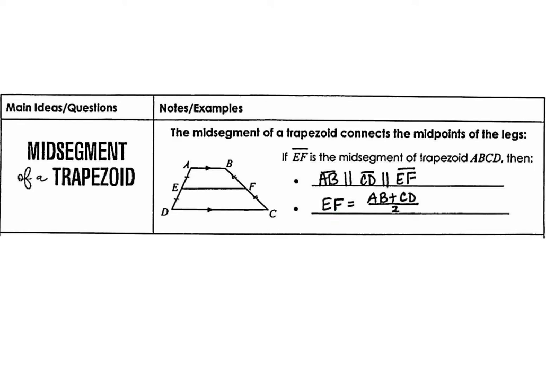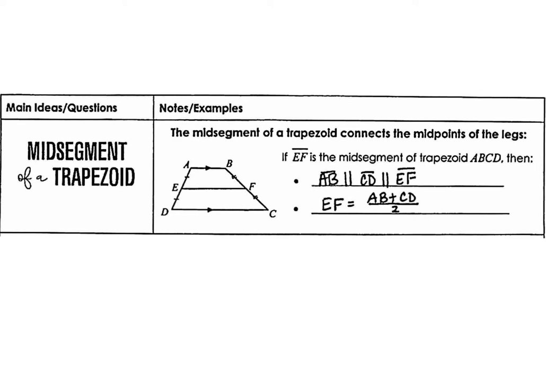The other thing that happens is that the length of EF is going to be half of the sum of your bases, okay? So to find EF, you can add the length of AB and the length of DC, add those 2, and then divide by 2. So it's basically the average of your bases, okay? So your mid-segment length is the average of your 2 bases, all right?